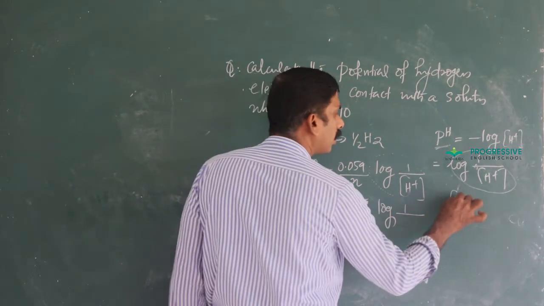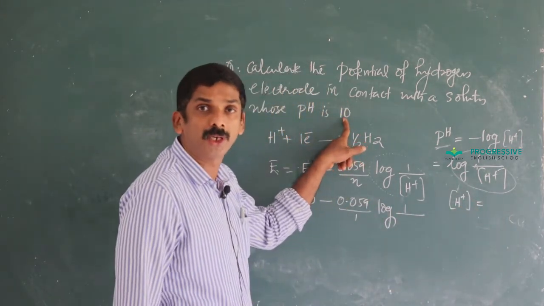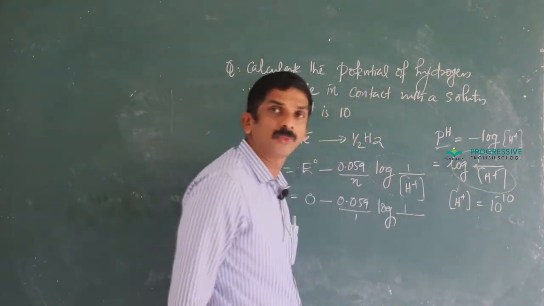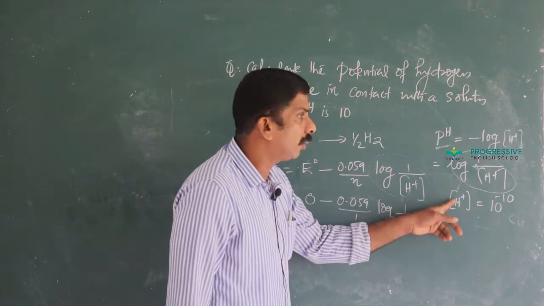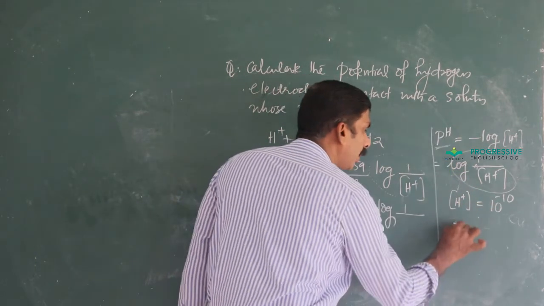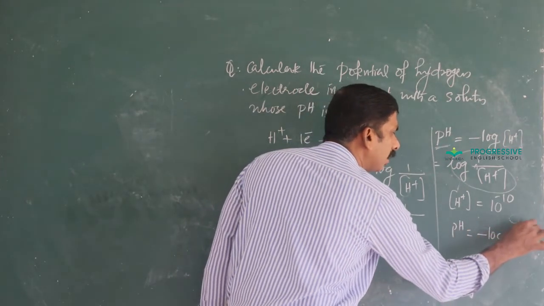Therefore, the molar concentration of H+ for a solution having pH equal to 10 will be 10 raised to minus 10. Clear? The molar concentration of H+ equals 10 raised to minus 10, meaning pH equals negative log 10 raised to minus 10.